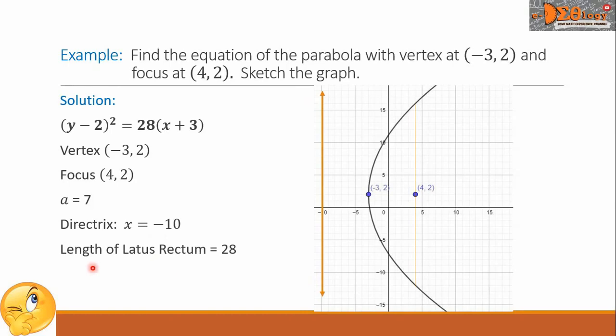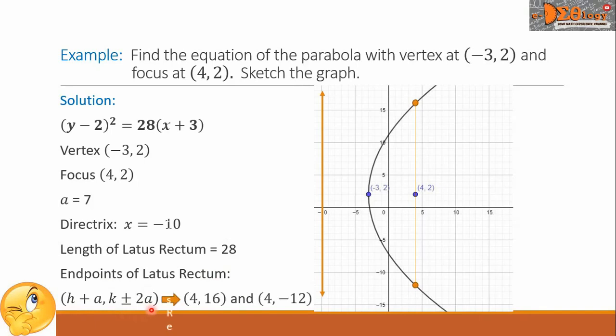Let us now write the length of the latus rectum, which is 28. We took this value, and that is the coefficient of this x plus 3 in here. Now, let us have the endpoints of the latus rectum using this formula, h plus a for the x coordinate, and the values k plus or minus 2a for the y coordinates respectively.